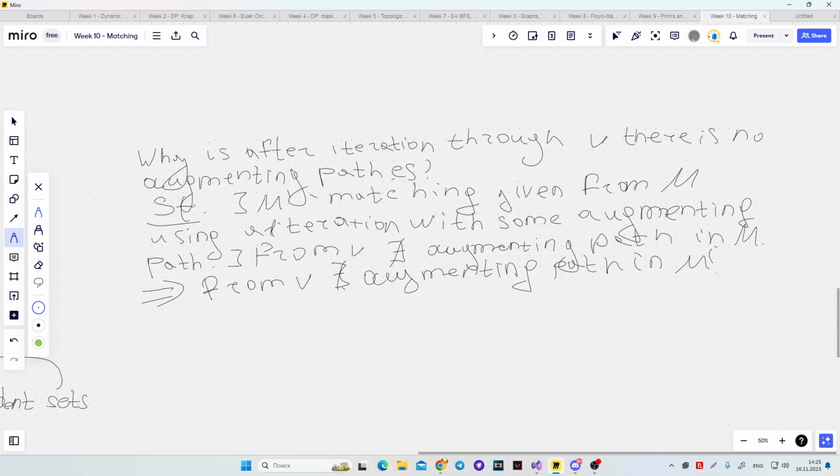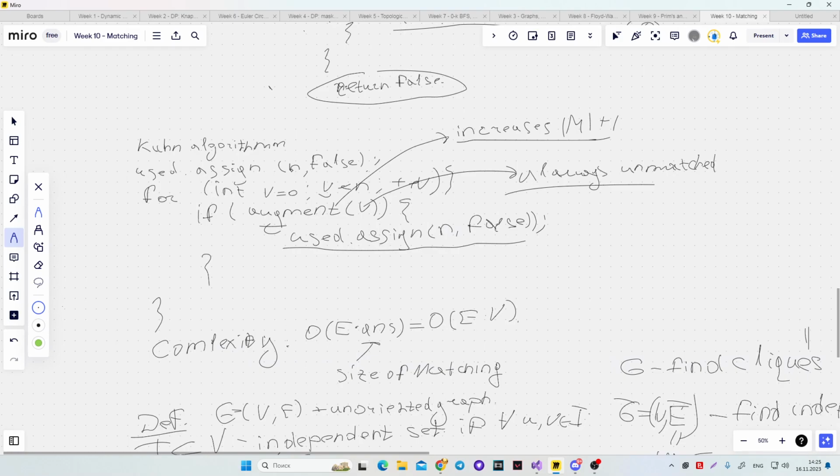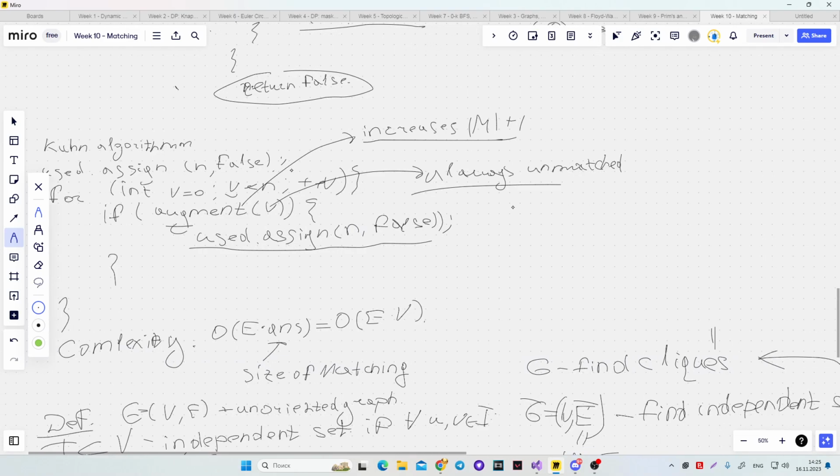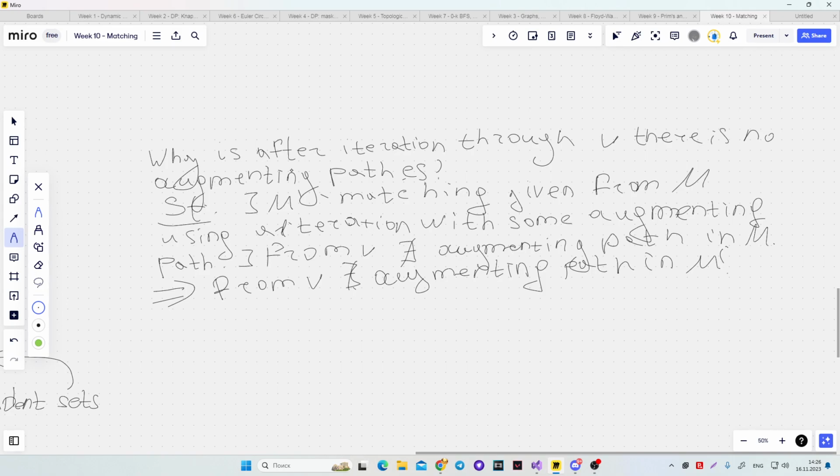If we return from some vertex and try to do an iteration, we get that we can't increase this matching anymore, in any vertex that we consider.